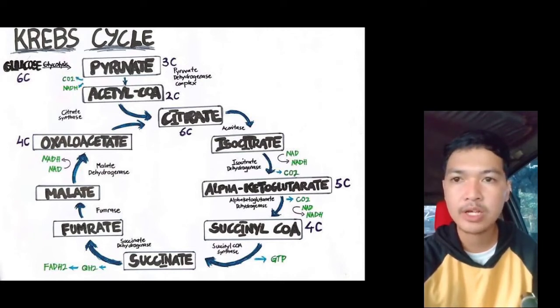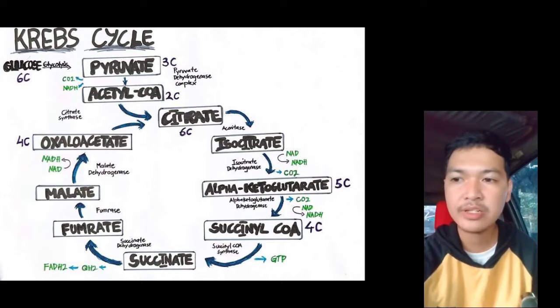Then the citrate becomes isocitrate by the enzyme aconitase. Next, the isocitrate is oxidized to alpha-ketoglutarate by the enzyme isocitrate dehydrogenase. In this reaction, a molecule of NAD is reduced to NADH, then a molecule of carbon dioxide is generated. The alpha-ketoglutarate is a 5-carbon compound, then converted to succinyl-CoA by the enzyme alpha-ketoglutarate dehydrogenase.